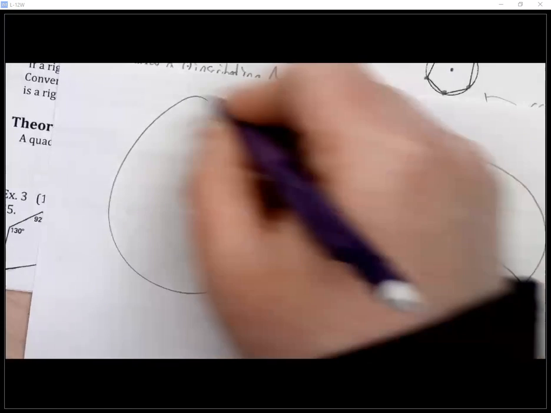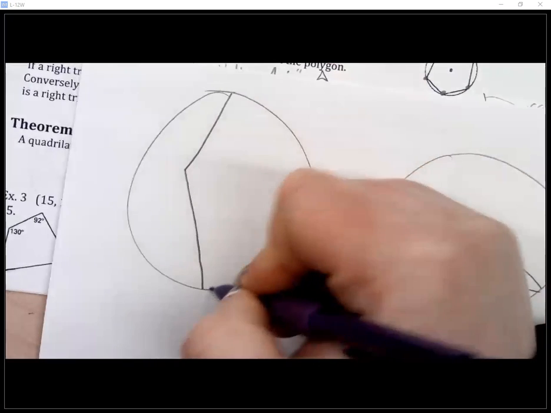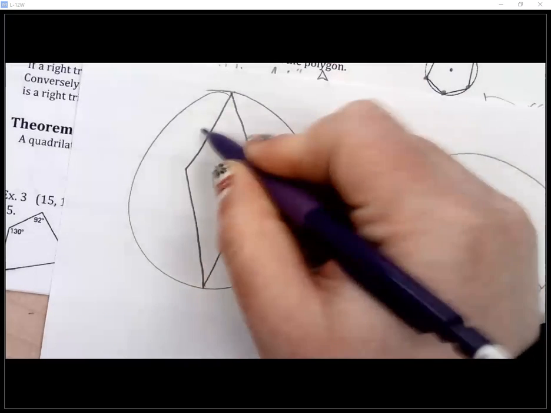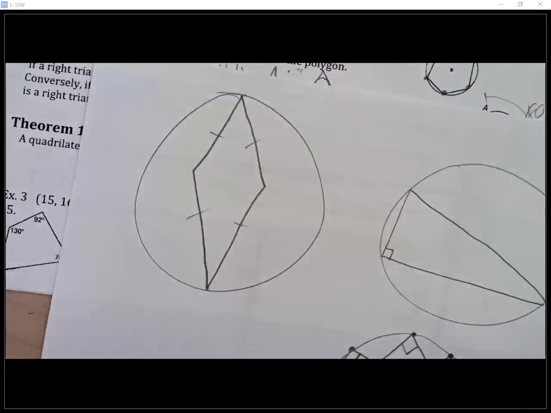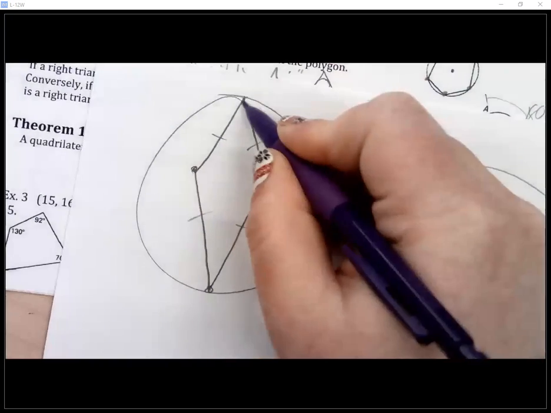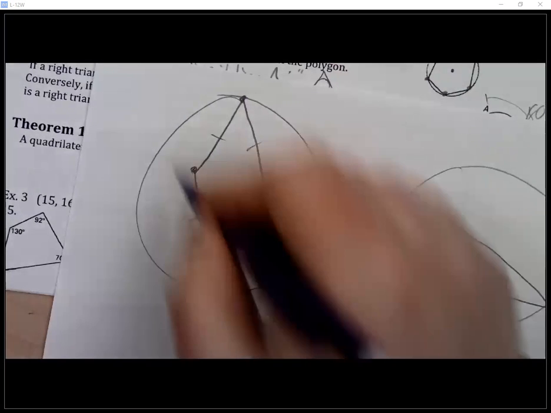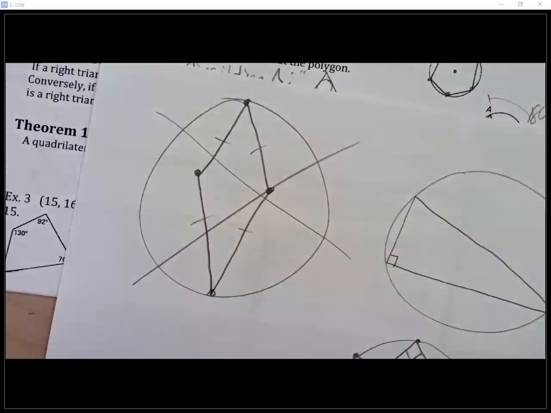If I take certain types of rhombi, like that, there's no way that I could have a circle that hits all of these vertices, right? It'd be like some weird oval shape. You with me? So that particular shape would not be inscribed in that circle. So the claim is, if I can inscribe the shape inside of a circle, the opposite angles must be supplementary to each other. And that kind of makes sense.